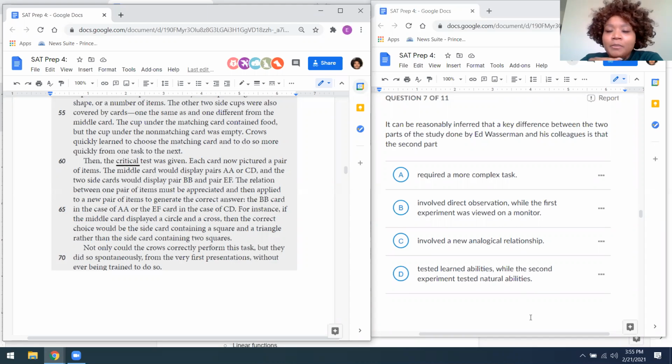I'm going to reread the question because I've been describing it for a minute, just to refresh. It can be reasonably inferred that a key difference between the two parts of the study done by Ed Wasserman and his colleagues is that the second part, so we're looking specifically at the second part.